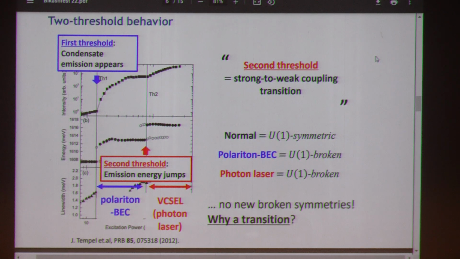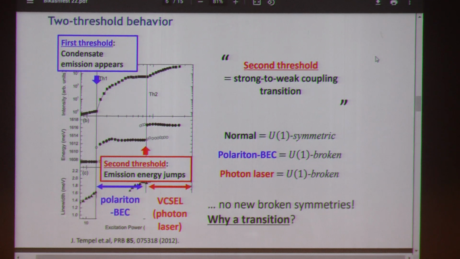Now, let me focus on one set of experiments that shows something a little bit beyond this picture. What's plotted on the left is a function of particle number, but this is really just pumping power, because these systems are created by making some non-equilibrium density, and the intensity of the light emission in that very sharp peak.